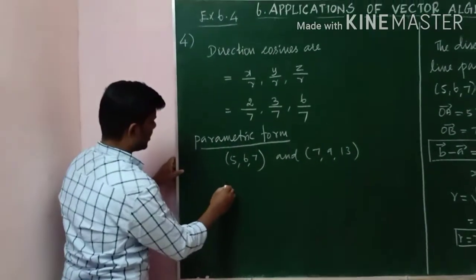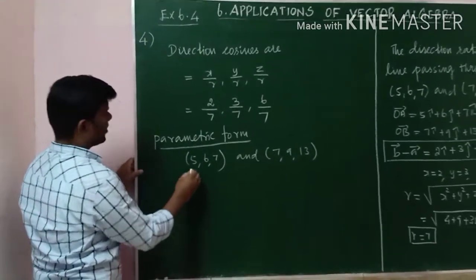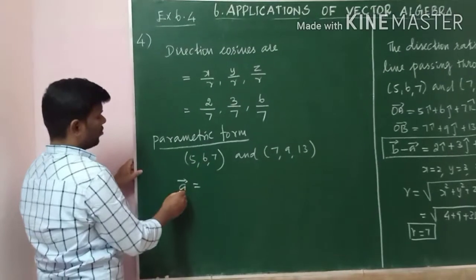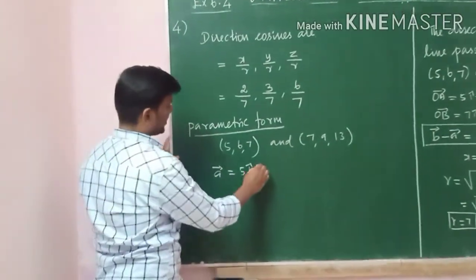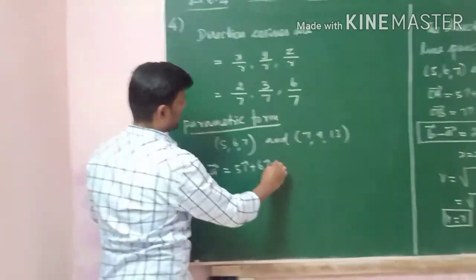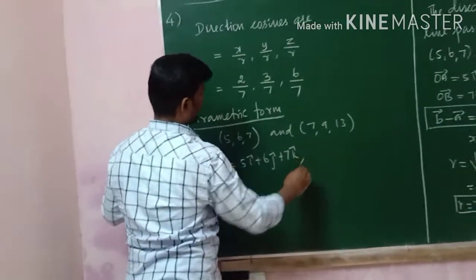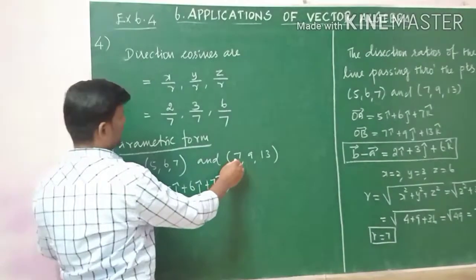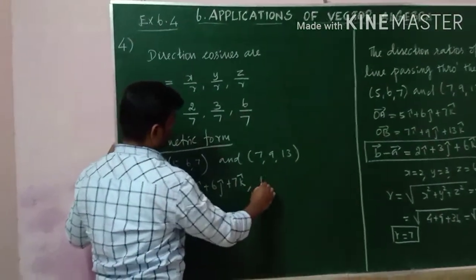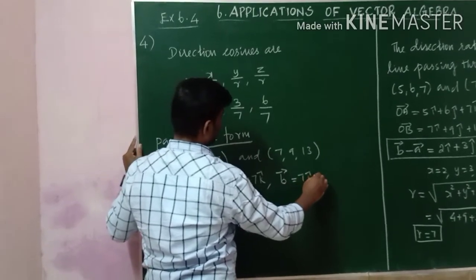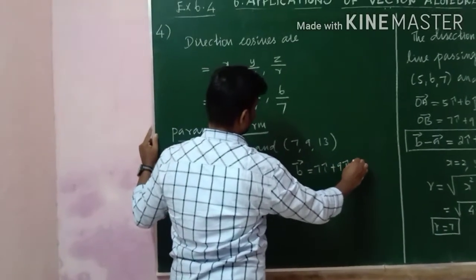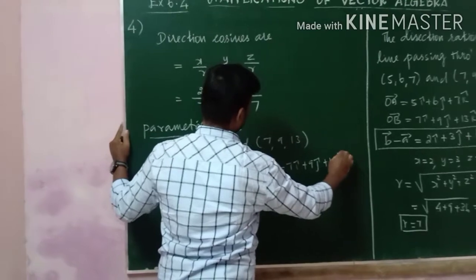The first point 5, 6, 7, whose position vector is A vector, we can write as 5i cap plus 6j cap plus 7k cap. And the second point 7, 9, 13, whose position vector is B vector, we can write as 7i cap plus 9j cap plus 13k cap.